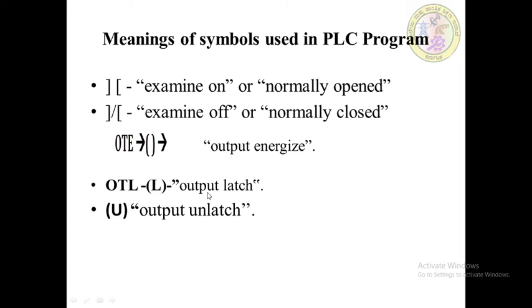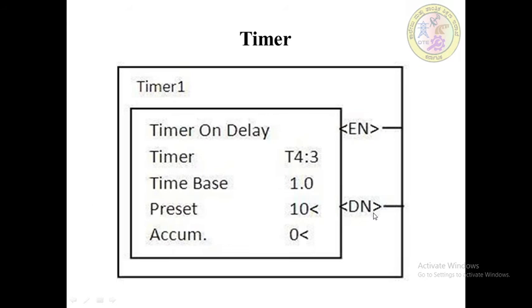So it has some different kinds of operation, and coming to observe this timer, the timer on delay: T4:3, base time 1.0, preset 10, and accum less than 10. And sometimes EN, and this symbol DN is known as done.